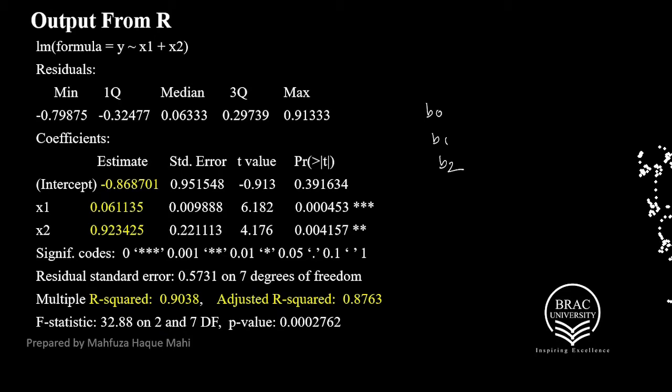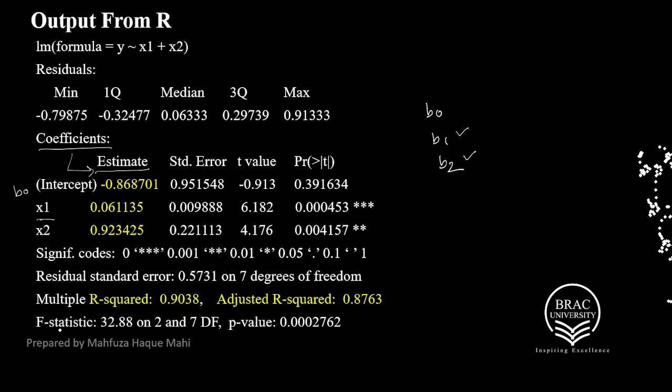As we have two independent variables here, we have two regression coefficients, B1 and B2. You can see the coefficients and the estimates of the coefficients. The first term is the intercept, which is B0, and the value of B0 is minus 0.868701.